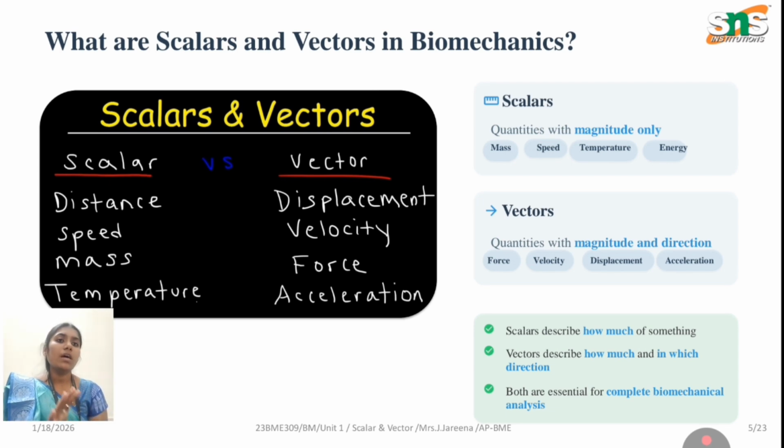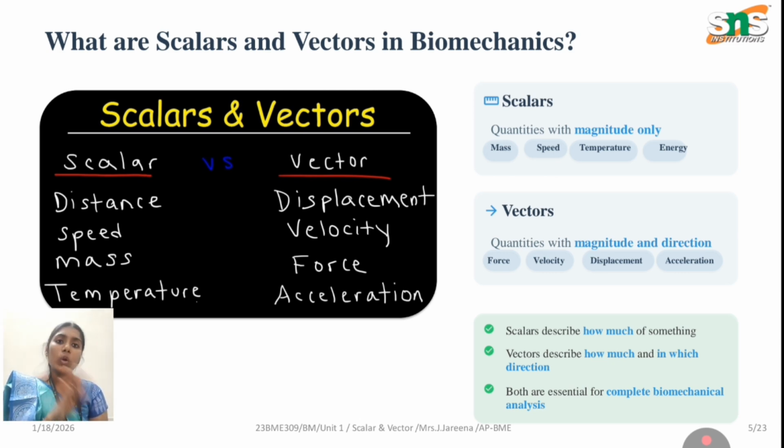If you see, all physical quantities can fall under scalar quantities or vector quantities. A scalar is a quantity which has only magnitude. Okay, it means that it describes how much of something. So if you want to quantify something with only magnitude, then it is called a scalar.